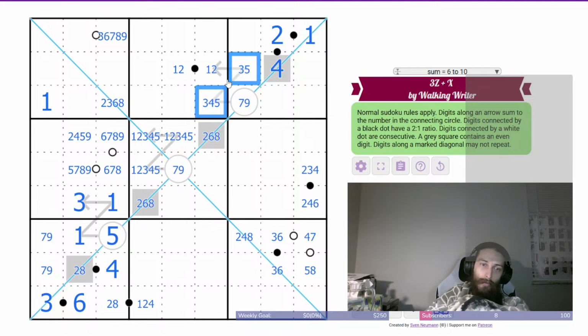Well, if these are both 3, then that's a 3 and a 4. Which is fine.